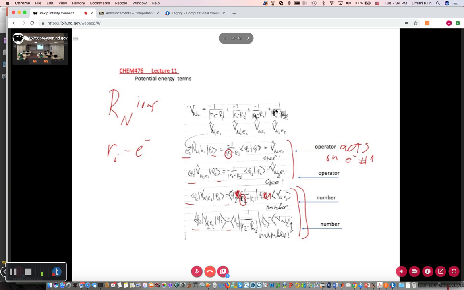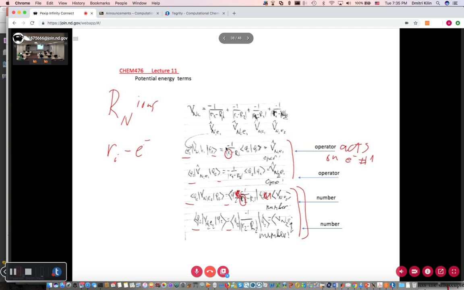So in case the term does not include the position of the second electron, I'm looking at line number 2: phi 2, V sub N1, R1, phi 2.